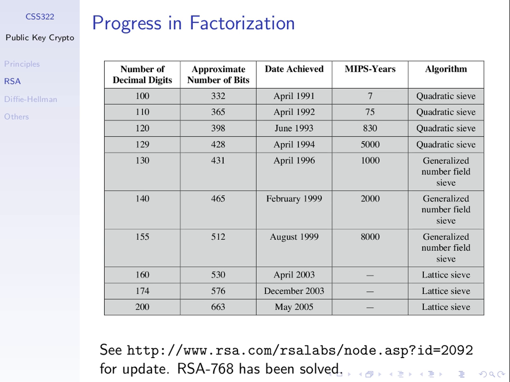So if n was 663 bits long, they could factor it at that point in time. And several years ago, RSA 768, that is a 768-bit value of n, was factored.